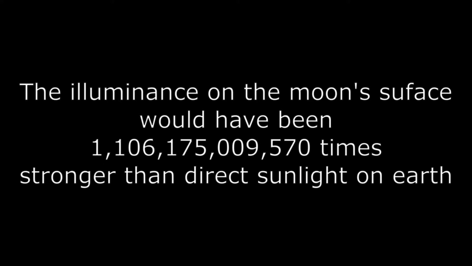Essentially, based on the inverse square law, at the moon's surface, the light would have been the most blinding light imaginable, and there should have been no photographs possible on the lunar surface.